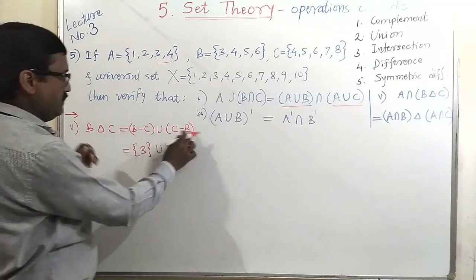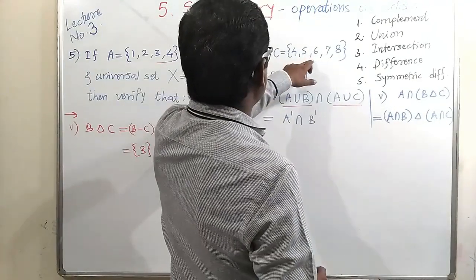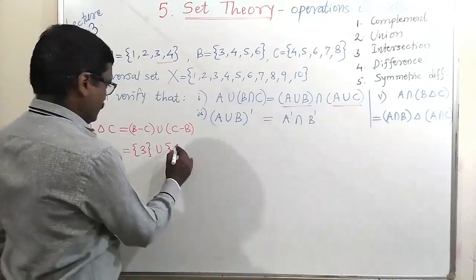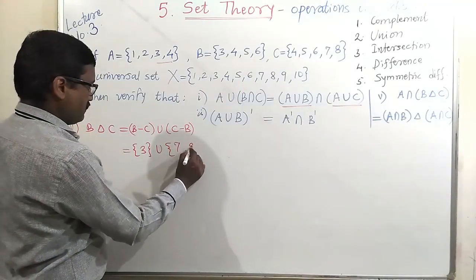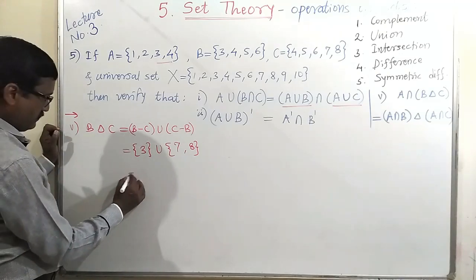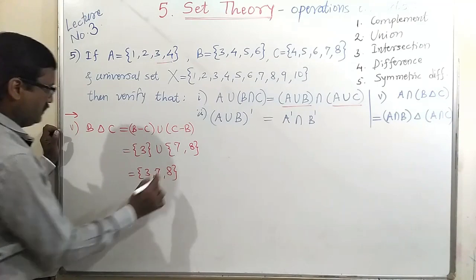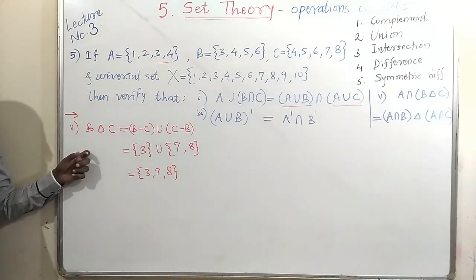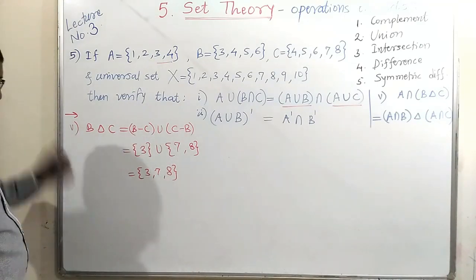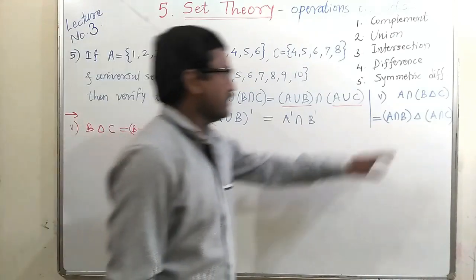Union C difference B means again separate common elements which are 4, 5, 6 from this C, remains 7, 8. So C difference B is 7, 8. So union of these two will be 3, 7, 8. Okay, remember this definition. Now to the right, intersection is taken.